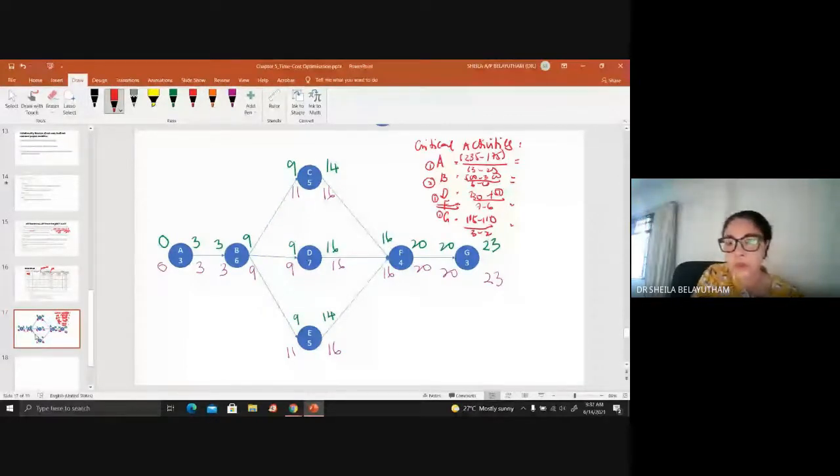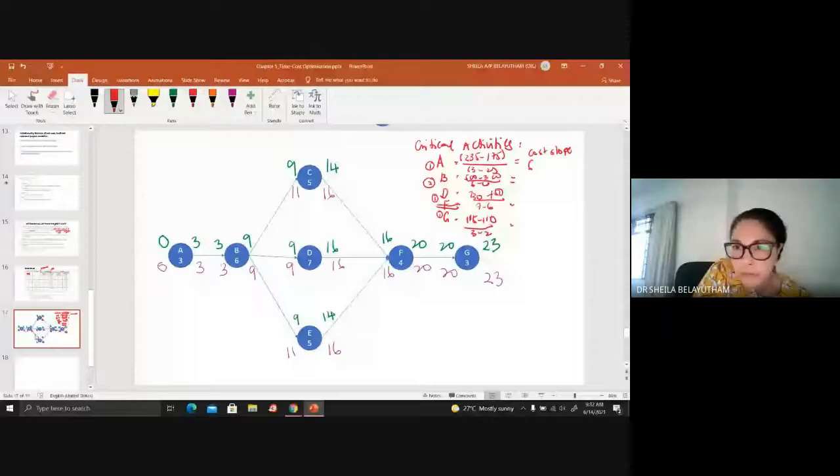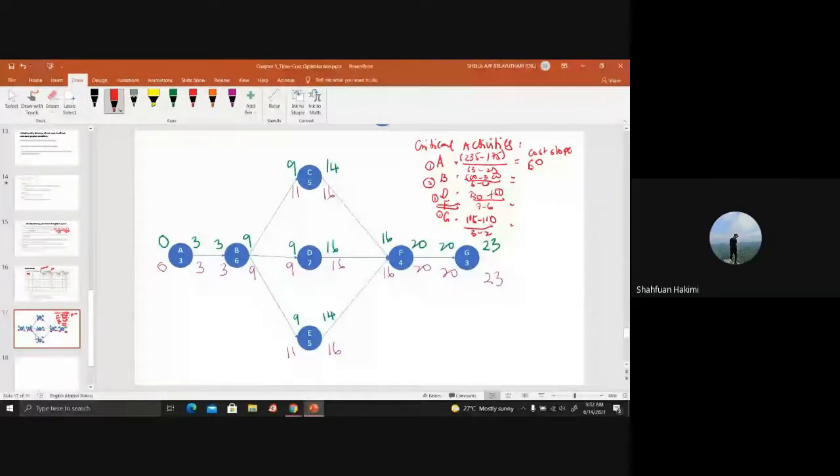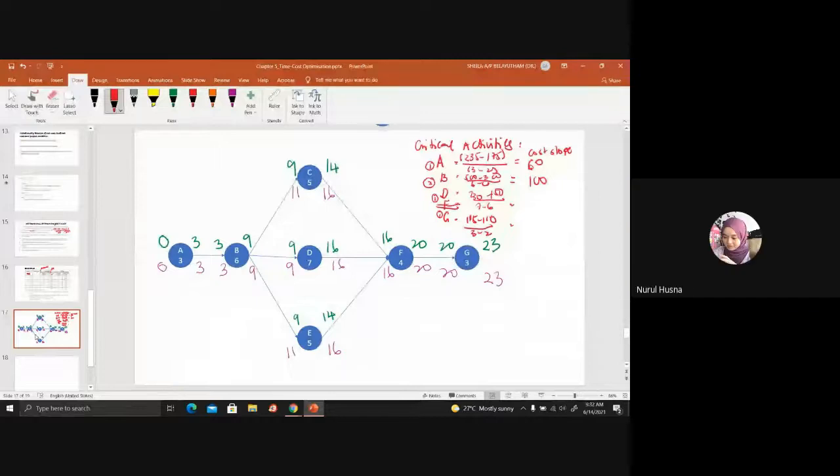So what is the cost load for activity A? Here, 60. Activity B, 100. Activity D, 80.